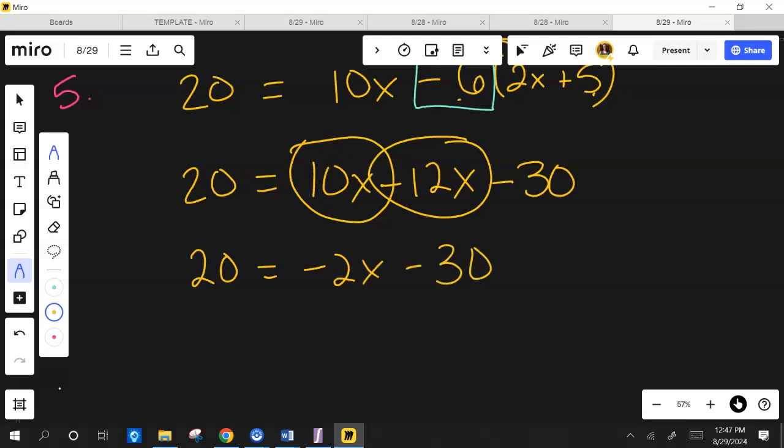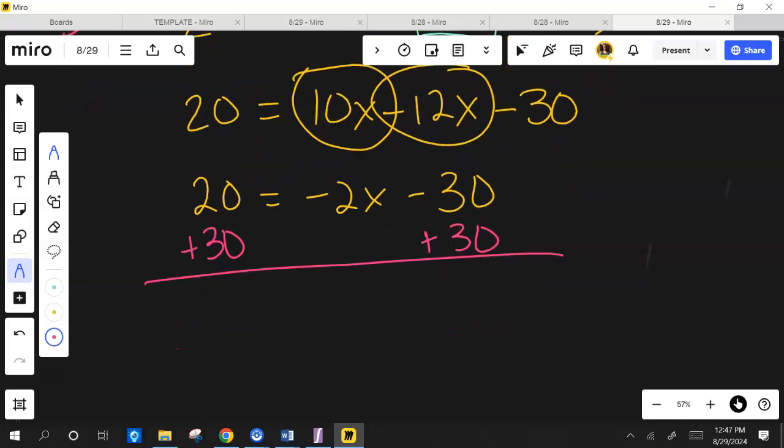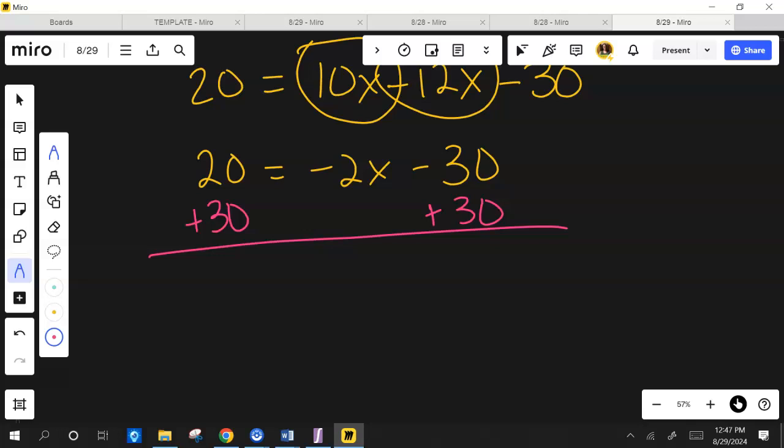What's my last step? That's right. Add 30 to both sides. Brandon, what do I get when I add 30 to both sides? 50. 20 plus 30? 50. What happens on the right-hand side?